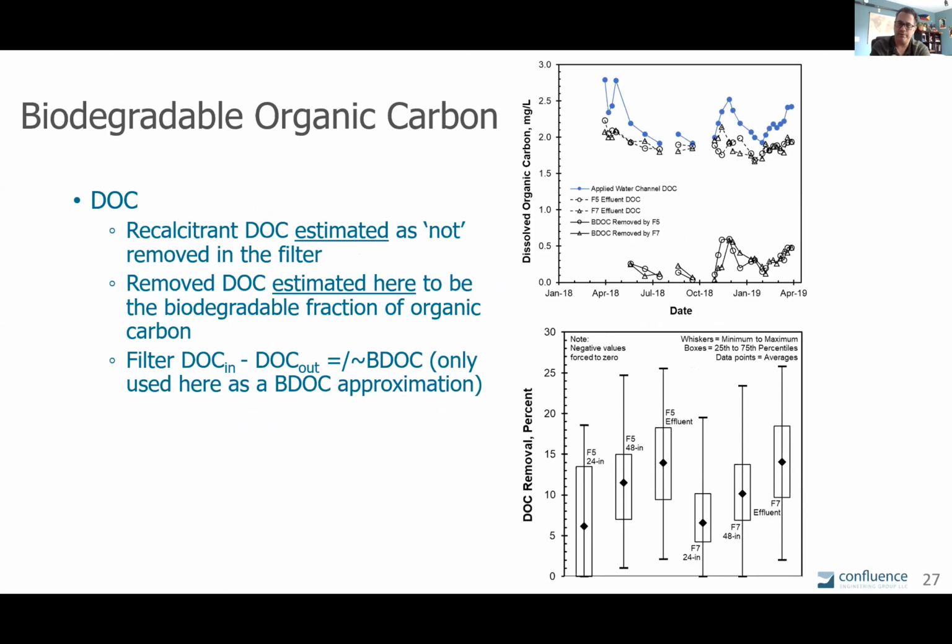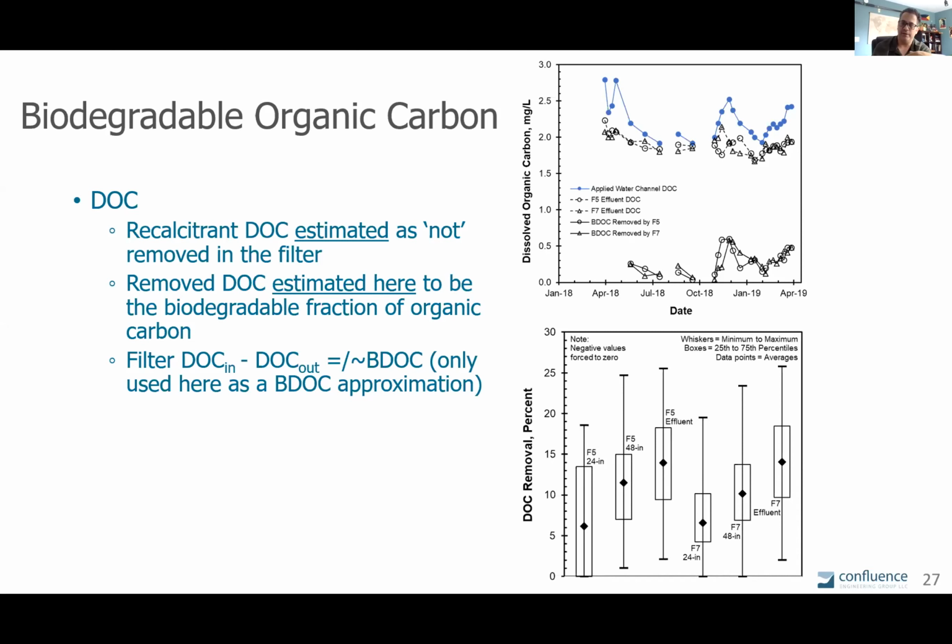But at the very bottom of that time graph, you'll see what we calculated as biodegradable organic carbon. We kind of made up our own calculation. Rather than putting in a laboratory method of monitoring BDOC, we calculated the removal of dissolved organic carbon across the filters at the different depths to use that as almost a surrogate of biodegradable organic carbon.